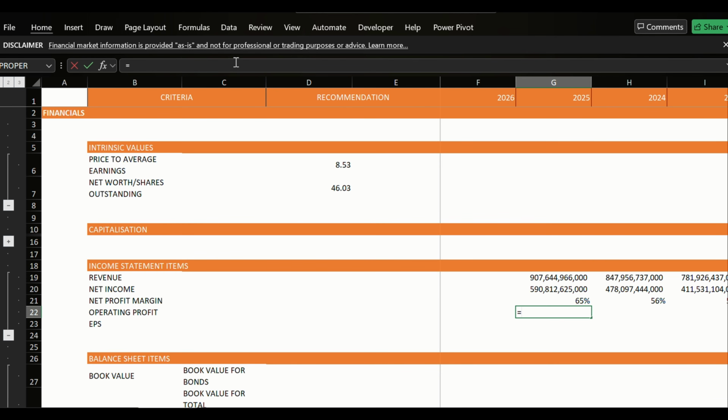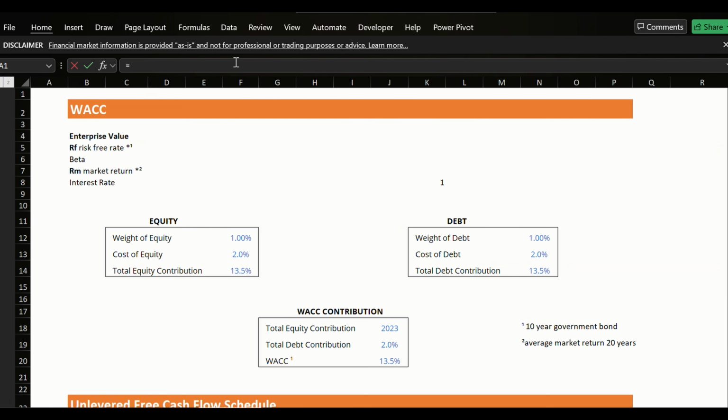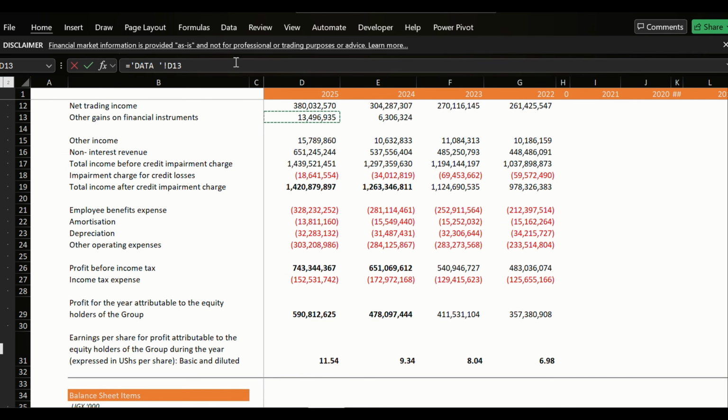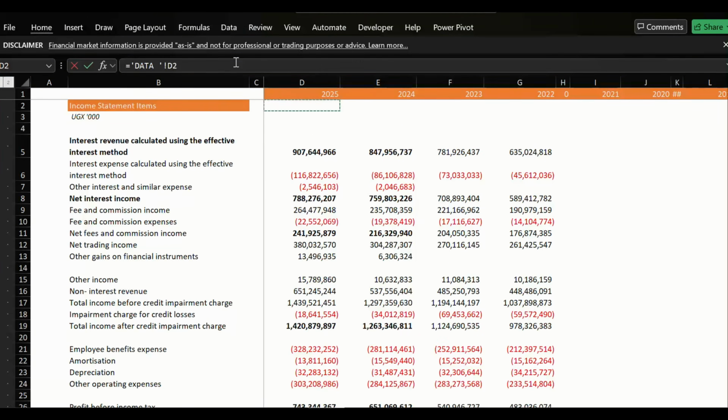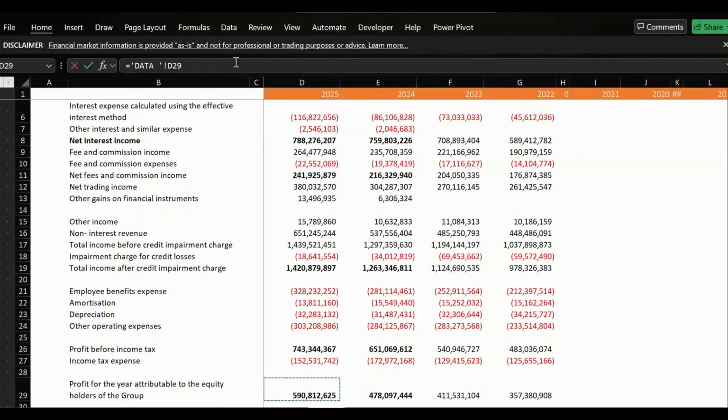I should have put the profit margin, but anyway, regardless, we go to income. So you can see this is even useless because it's a bank. No, it's pointless, but sorry, not useless.